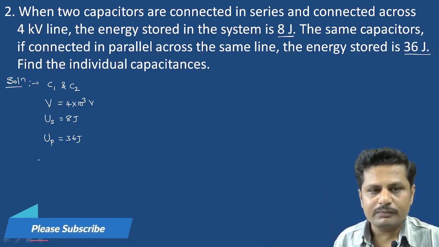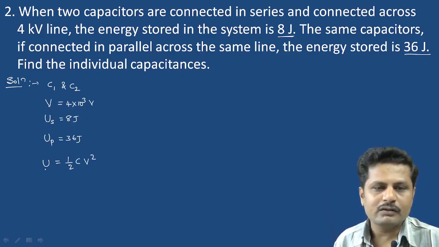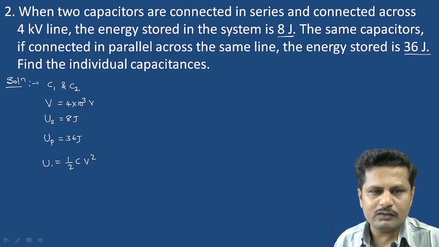We know that the energy stored in the capacitor is given by the expression U equals 1 by 2 CV square. So we can write US equals 1 by 2 CS V square.